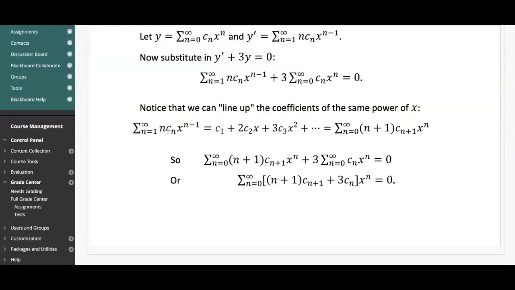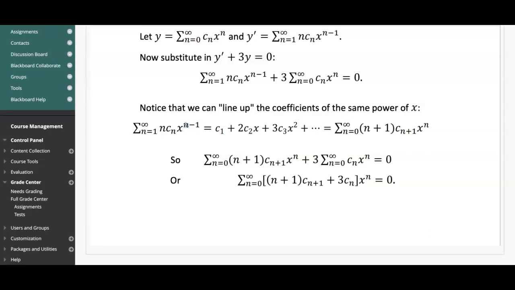So basically we want to reduce. This n starts from 1, this n starts from 0. So n was 1 before. Now because n starts from 0, this term becomes n plus 1, right? n becomes n plus 1, and n minus 1 becomes n.